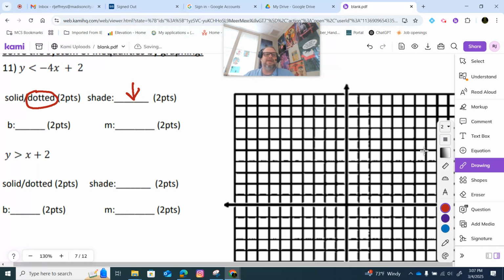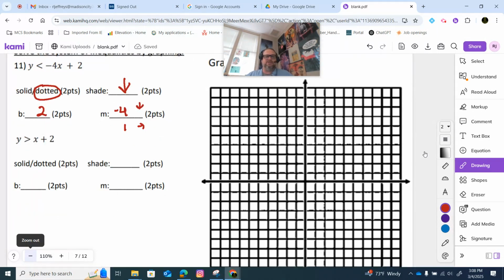All right. My B is 2. My M is -4 over 1. That means down and to the right. Now, do you have to put the arrows on the M like this on the test? No. That's just a Mr. Jeffries thing.